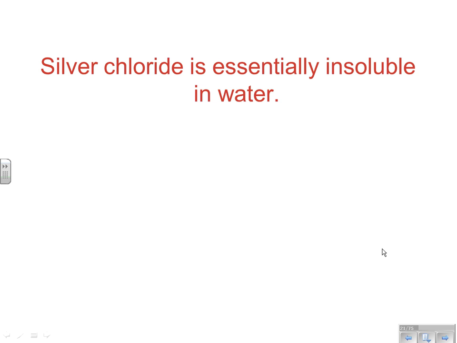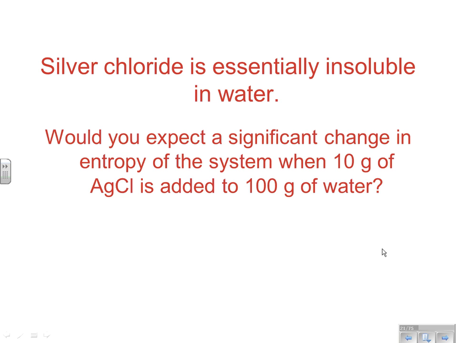But remember, silver chloride is insoluble. So that means you're not going to get that big energy advantage because of an increase in entropy. And we really wouldn't expect a significant change in the entropy of the system when you put 10 grams of silver chloride in 100 grams of water. Since it's insoluble, you're not increasing the entropy of the silver chloride, and therefore you would predict it not to be water soluble.